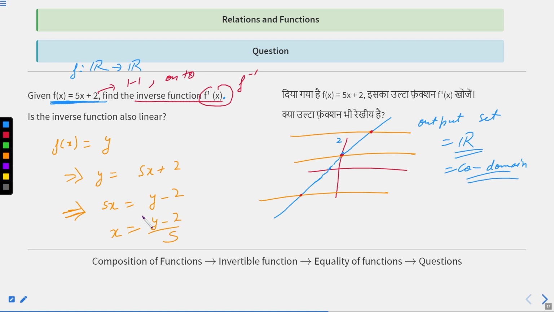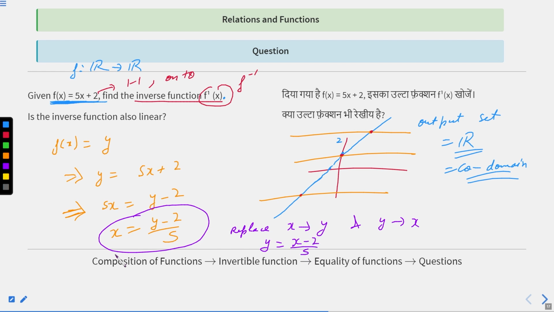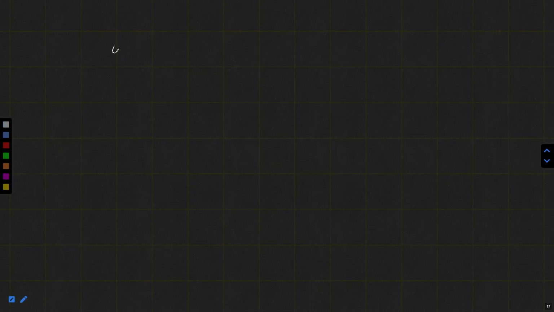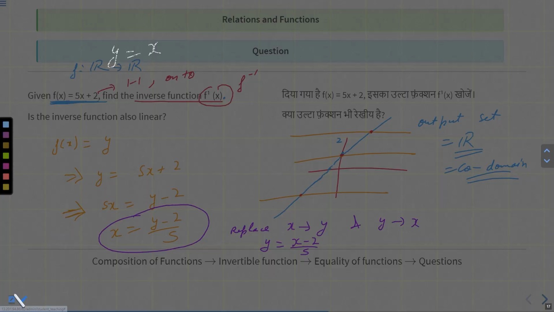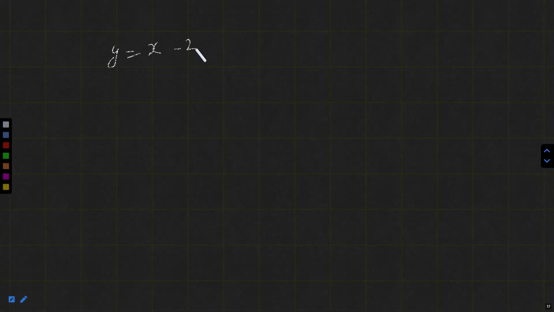In this, just replace x by y and y by x. You will get y is equal to (x minus 2) by 5, and this implies your f inverse of x is equal to (x minus 2) by 5.